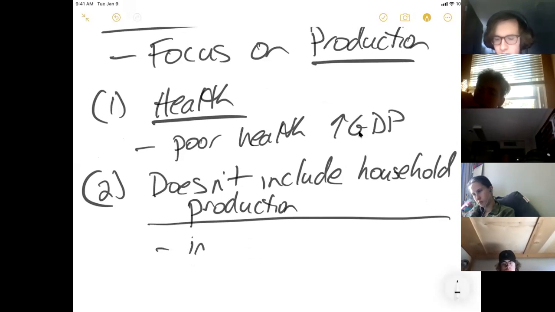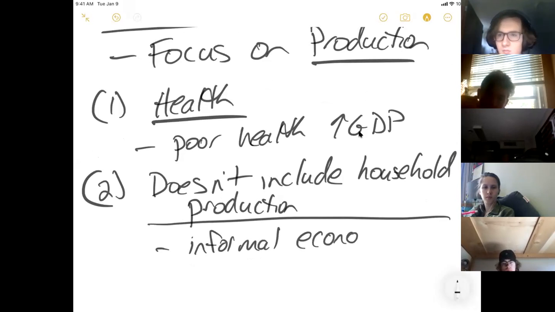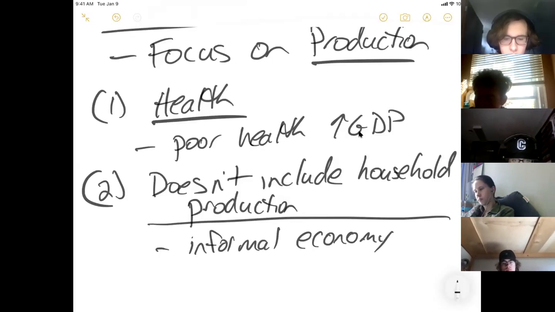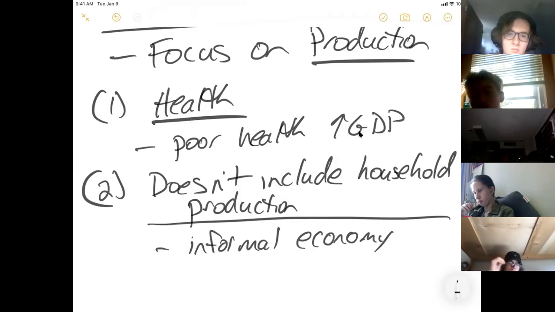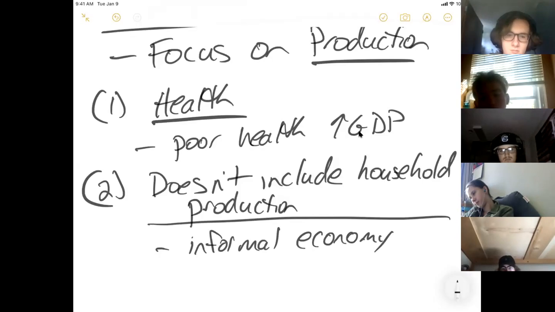Oftentimes economists know this as the informal economy, where you grow your own vegetables, you watch your kids, you clean your own house, maybe you watch your neighbor's kids, and they watch yours. The economy that takes place, but not within formal markets. Almost all of this gets ignored in GDP.